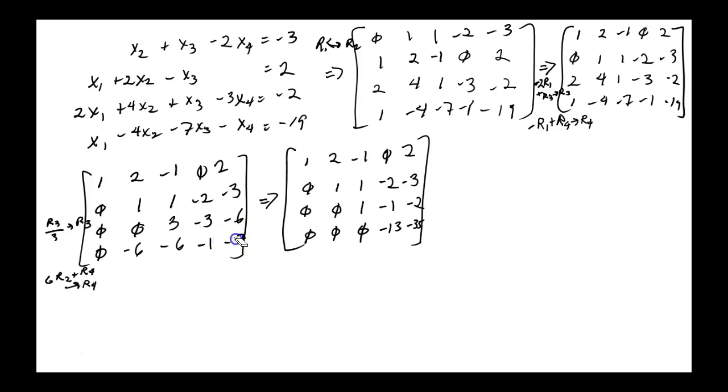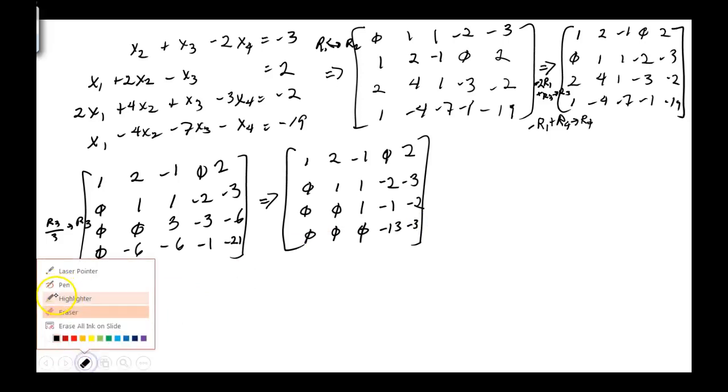Okay. Negative 21. And here then that will be 6 times, that would be negative 18. That would be a negative 39 then, right? Agreed?